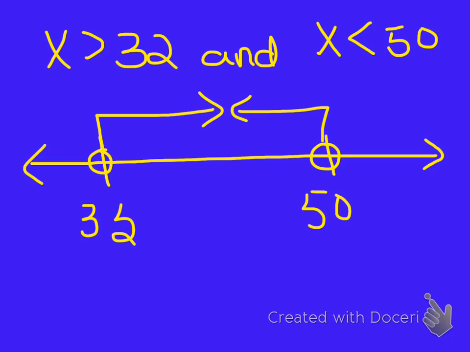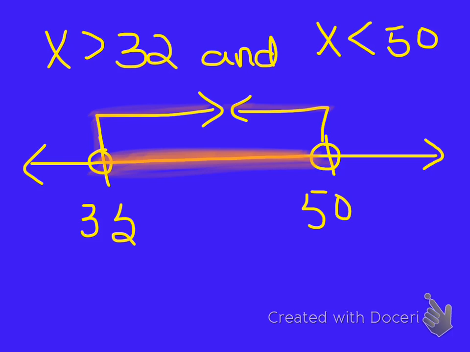We can't keep these going forever this way, and we can't keep them going forever this way, because that wouldn't be true. It's not true out here, and it's not true out here. It's only true in the middle. Your textbook, when you see answers, is going to have it highlighted larger between them. Graphs always come together like this, in the middle between them, because the acceptable range is between 32 and 50.